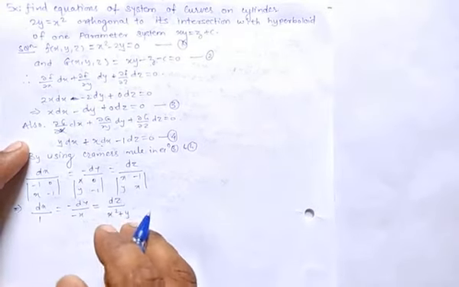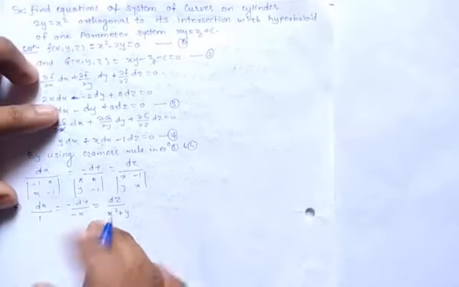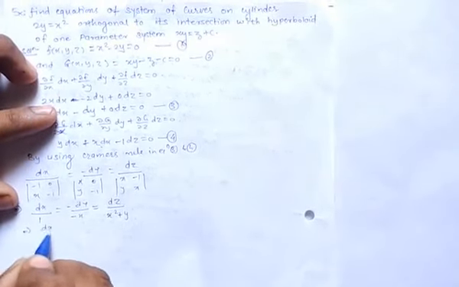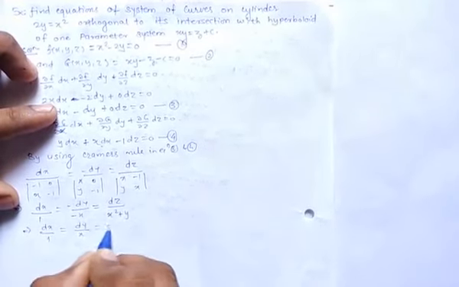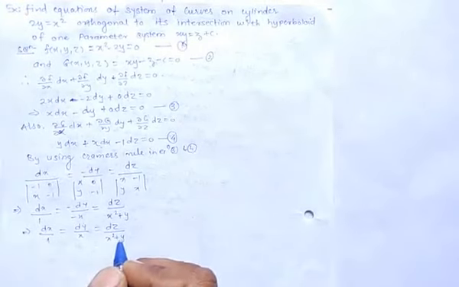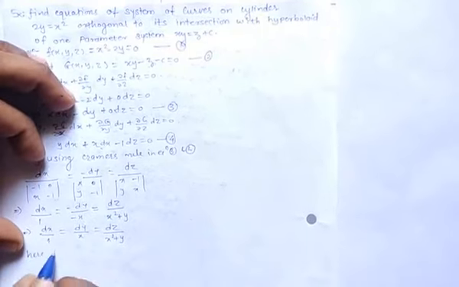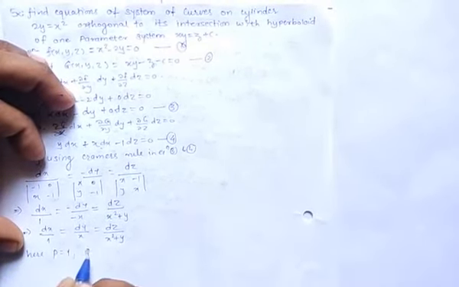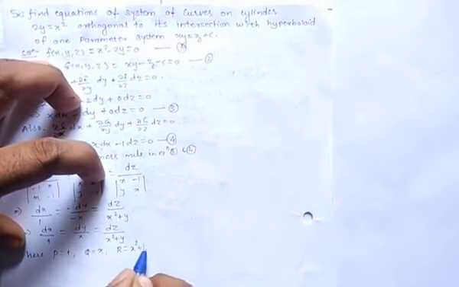Cancelling the minus sign, we get dx upon 1 equal to dy upon x equal to dz upon x square plus y. Here the value of p is 1, the value of q is x, the value of r is x square plus y.